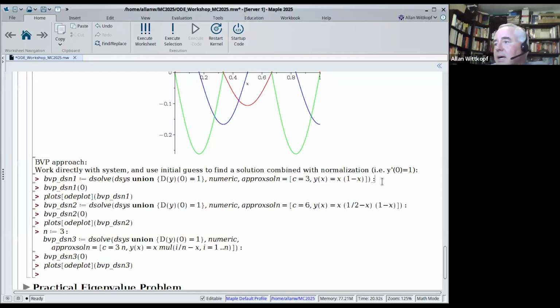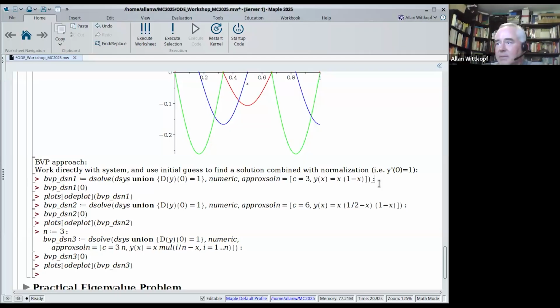Okay, so we're going to choose an approximate solution of c equals 3 and y of x equals x times 1 minus x. All I'm doing here is choosing a function that is just a non-trivial arc between the start point and the end point.